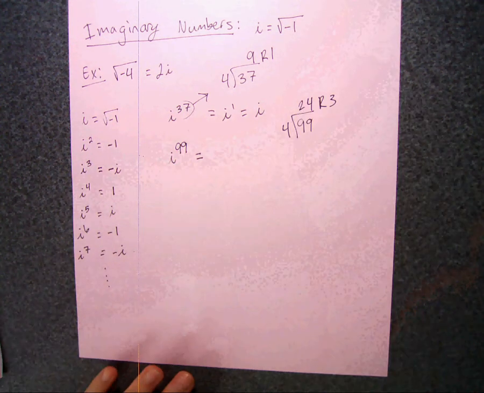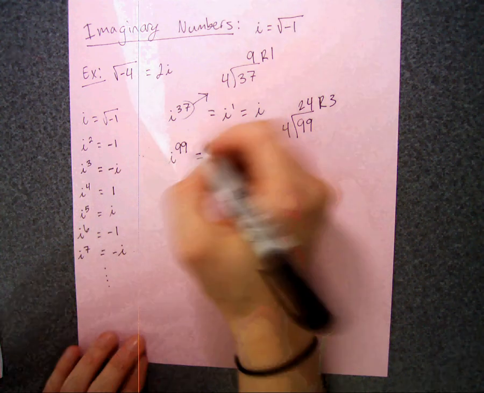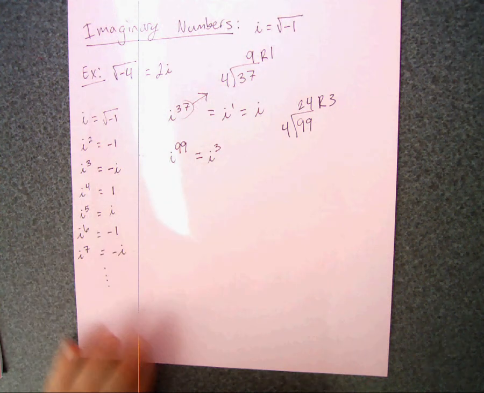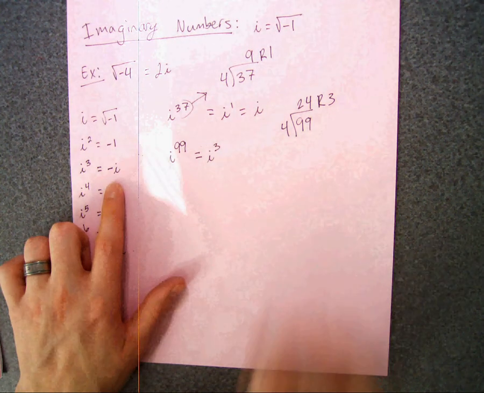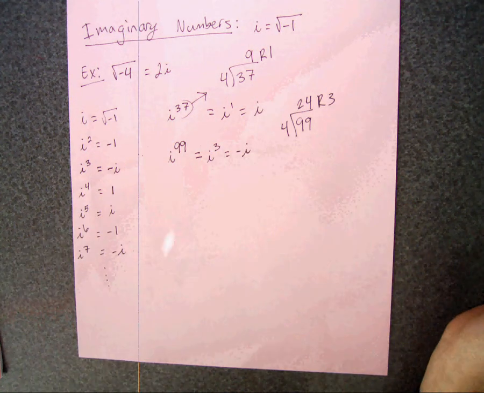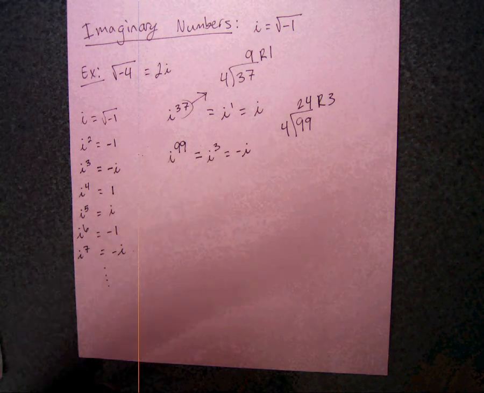So i to the 99th power is the same thing as i to the 3rd, which we said simplifies to -i. So i to the 99th power is -i. Alright? So that's how we would find powers of the imaginary number.